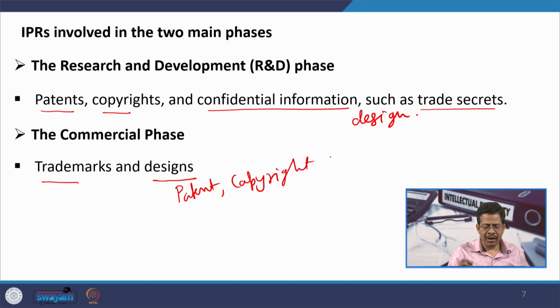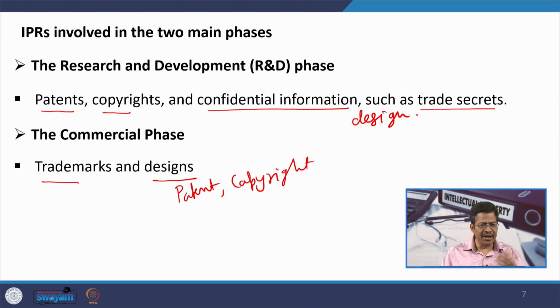But largely if I say, the role of patent, copyrights, trade secret, etc., should be very carefully used in the R&D phase. You do not create a brand of your company, no problem. You need to give a proper name when you are entering into the market. So, trademark will come into the picture when you are in the commercial phase.